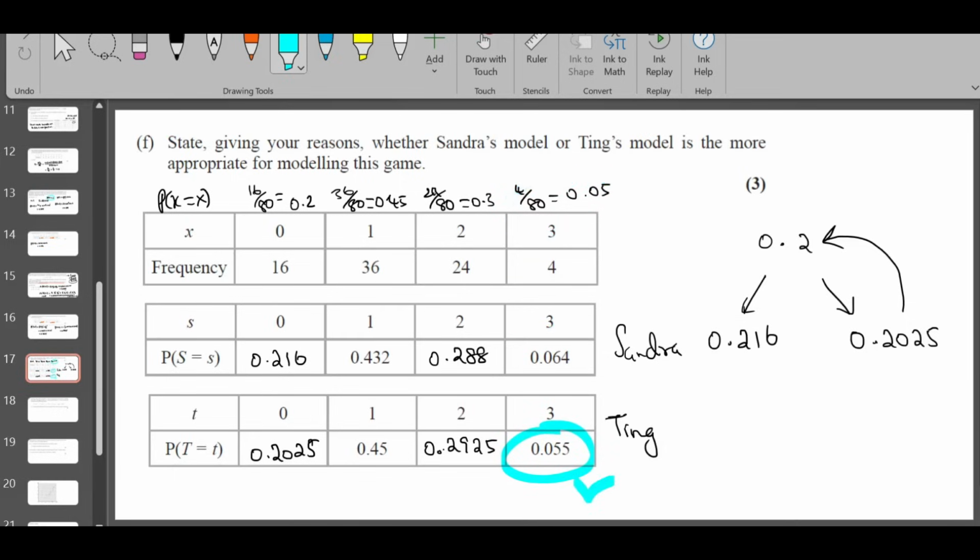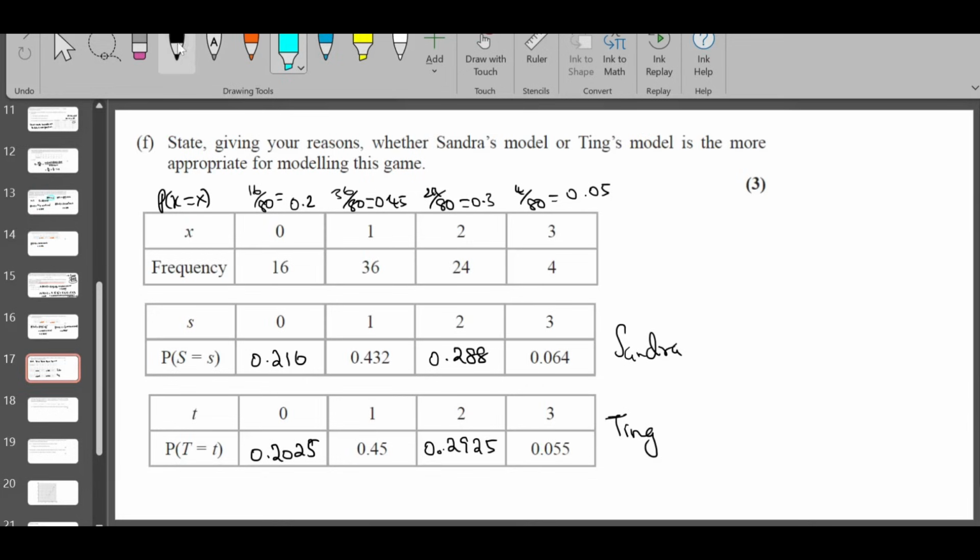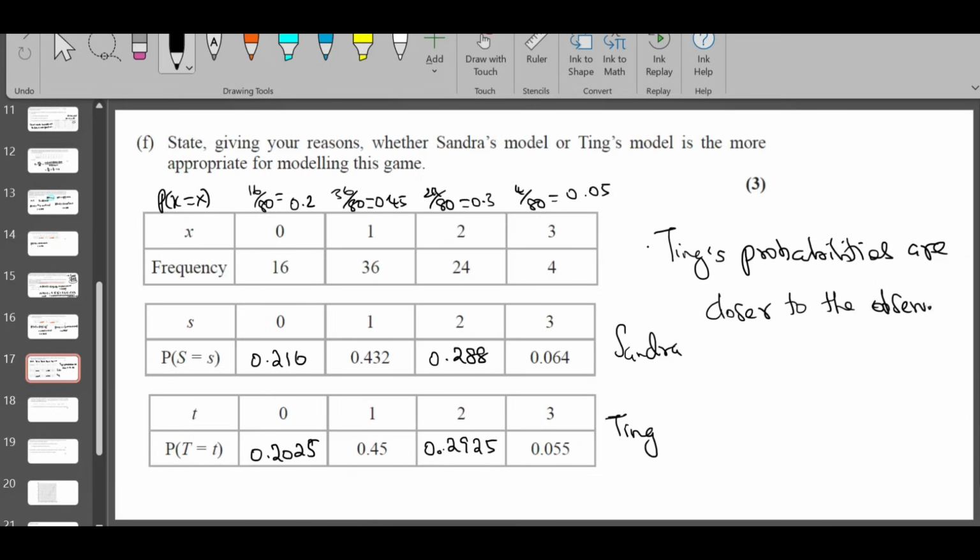So for every value of x, Thing's probabilities are closer to the observed probabilities. So therefore, Thing's model is appropriate.